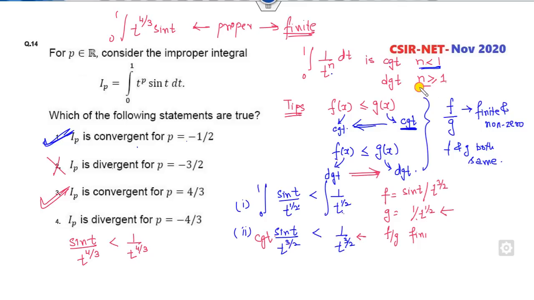But this, according to this, is divergent, and we can never say this is also divergent. Then we consider f as sine t upon t raised to power 4 by 3, and g as 1 over t raised to power 1 over 3. If you take the ratio, it will be 1, which is finite, and this, according to this, is convergent. So f is convergent, but he said divergent. So the right answers are A and C.